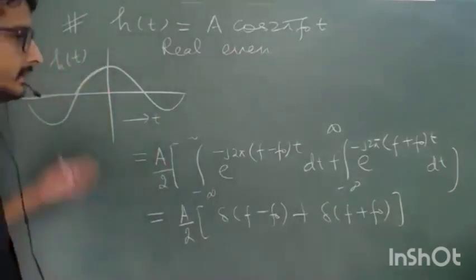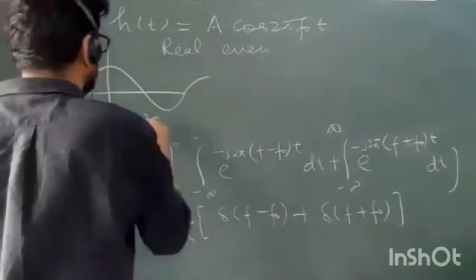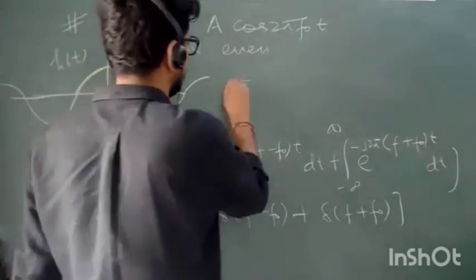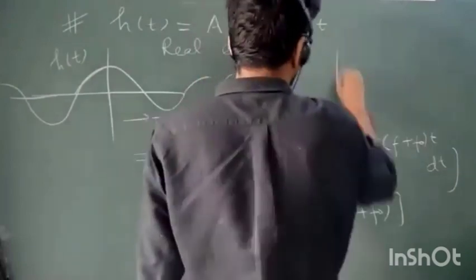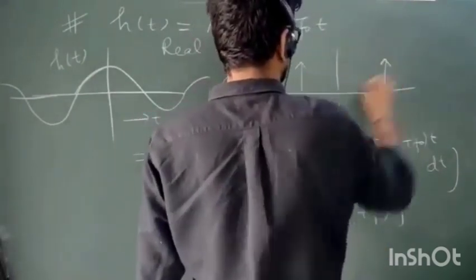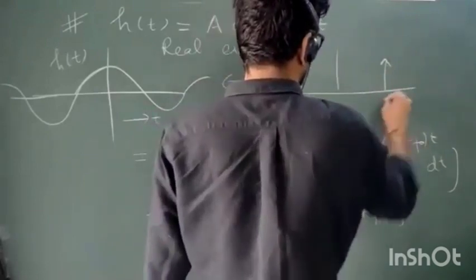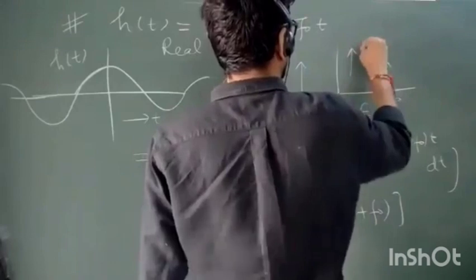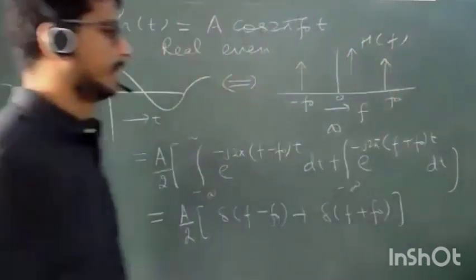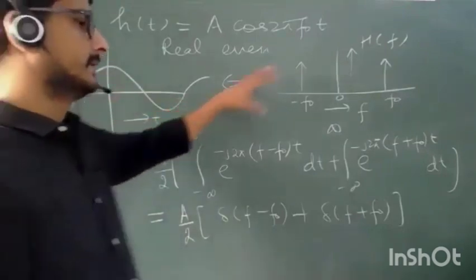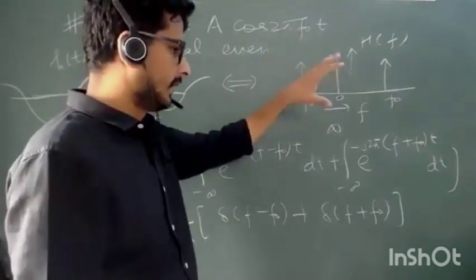It will look like this, the cosine, and its transformation will look like this. So this was real even, this is real even.